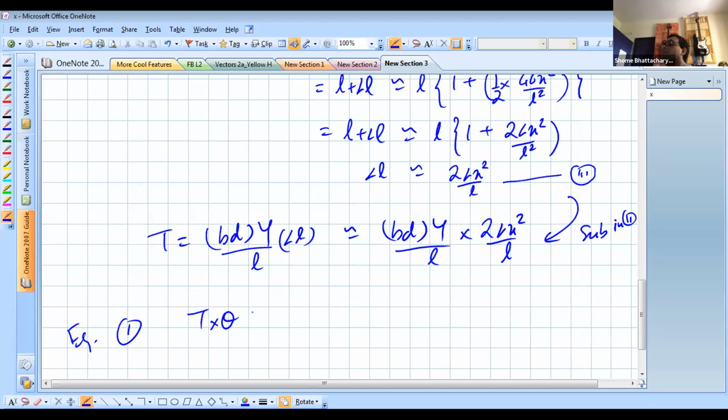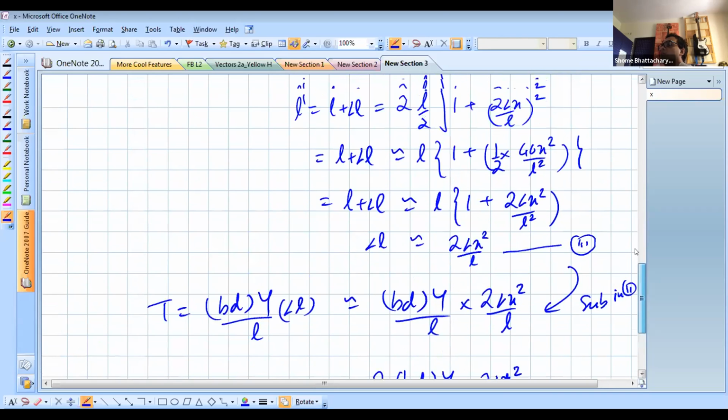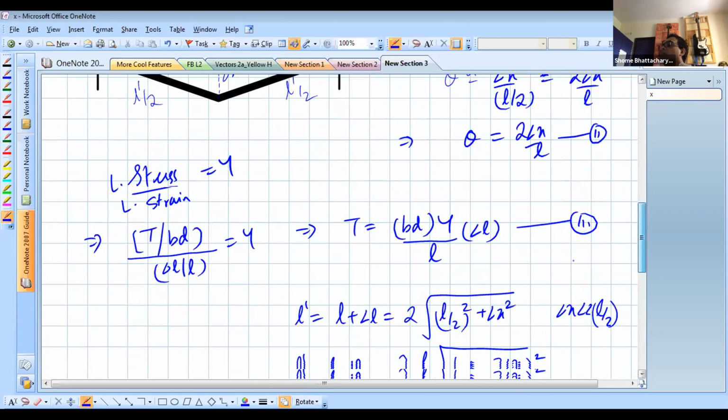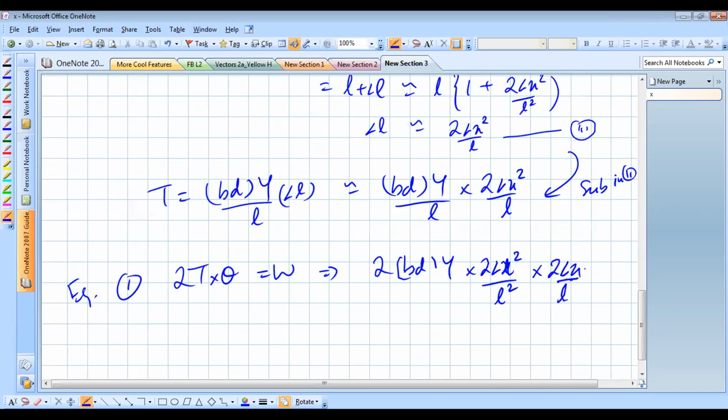So equation 1 was like this: 2T into theta was equal to W. So 2 times this area into Young's modulus into 2 times delta x square divided by L square, that's the tension, into theta. Now, what was theta? Theta was approximated as 2 delta x by L. So 2 delta x by L. Yes. So this should be equal to my W. So there you are.